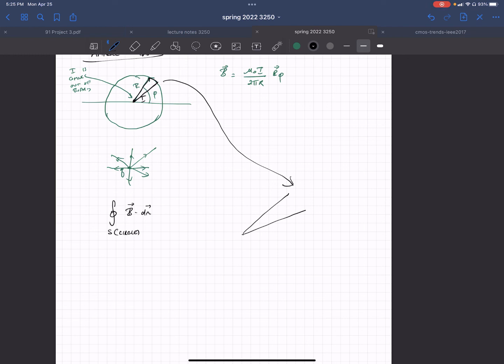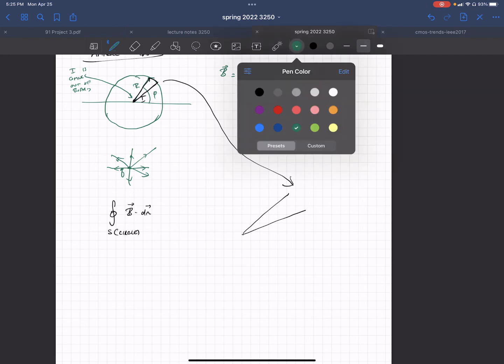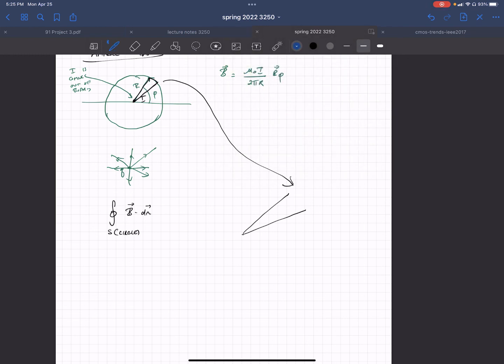The magnetic field is doing that, and E sub phi is doing that, that's the tangent. Oops, I keep saying theta, but it should be phi. We call the angle phi.